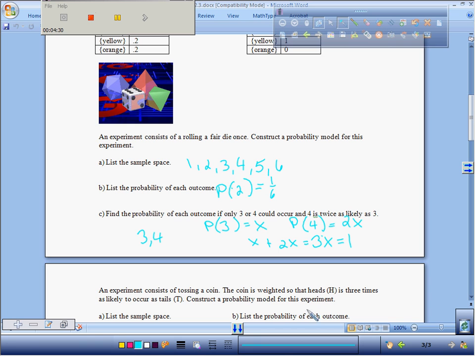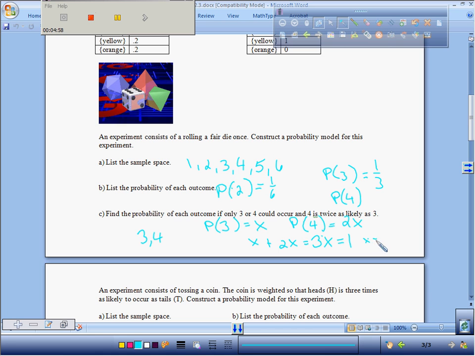Therefore, the probability of getting a 3 is x, which is 1 divided by 3, which is 1/3. And the probability of getting a 4 is 2x. If I solve this little equation here, I get x equals 1/3.